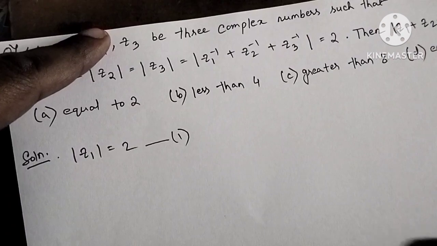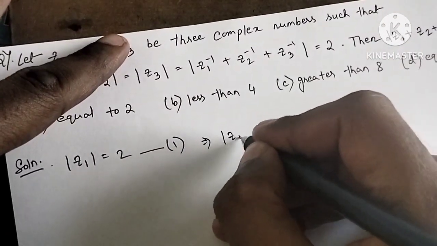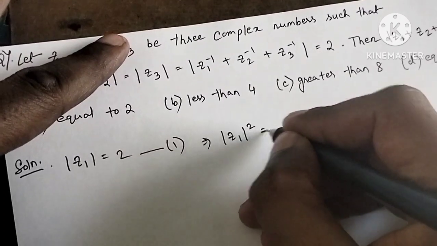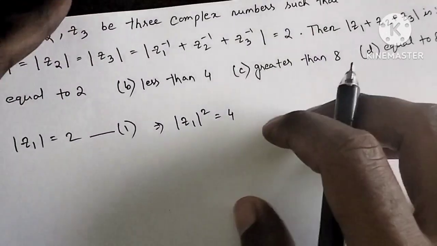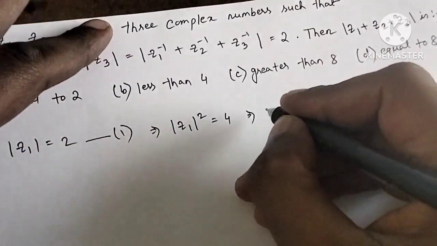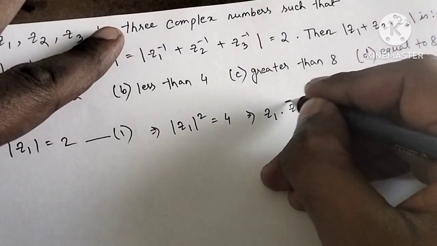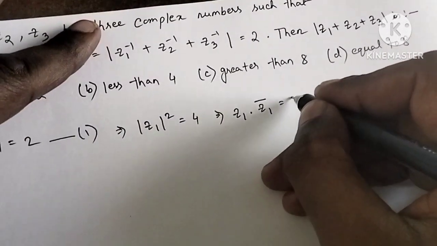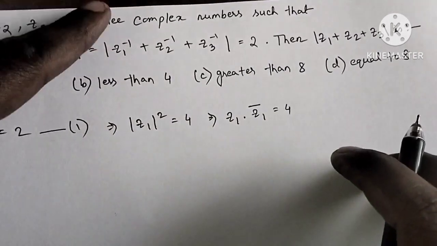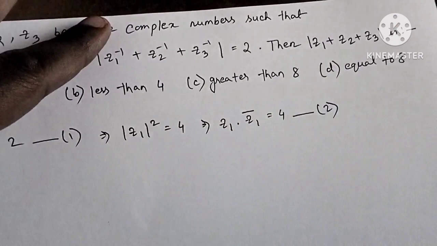Now we will square both sides. Mod of z1 square will become 4. Mod of z1 square, we all know, is z1 into z1 conjugate, which is 4. Name it as equation 2.